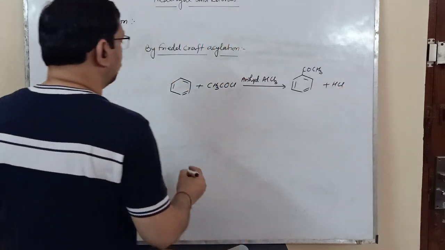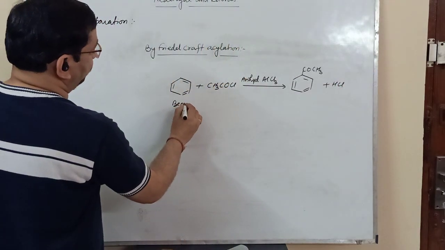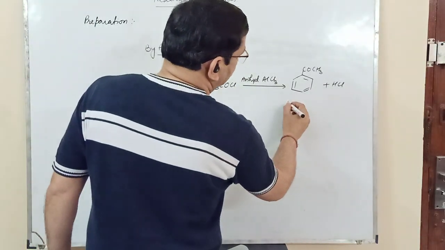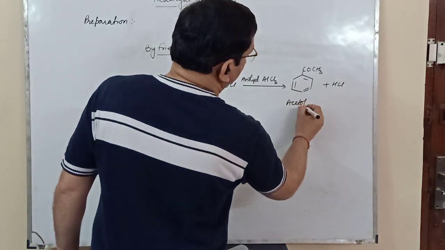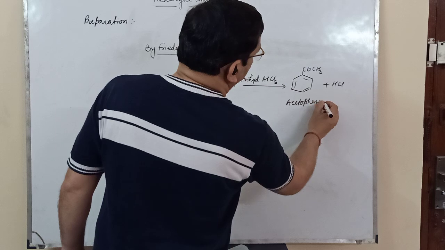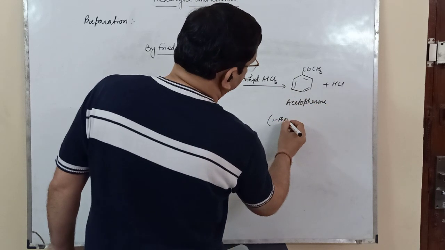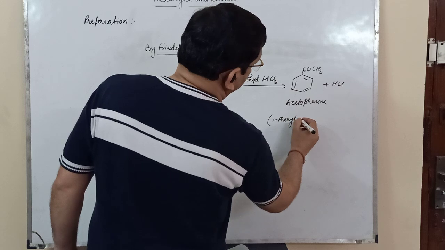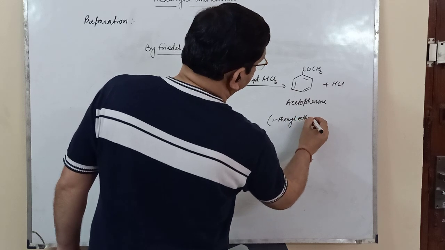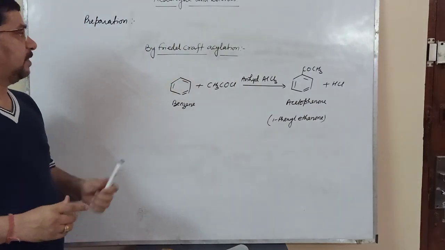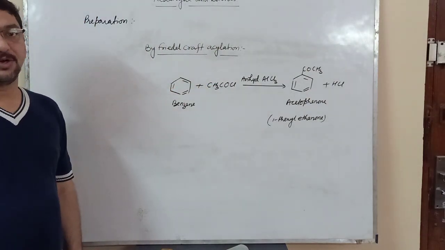So in this way we obtain aromatic ketones, acetophenone, or in IUPAC we will call it 1-phenylethanone. So this is about the preparation of aromatic ketone.